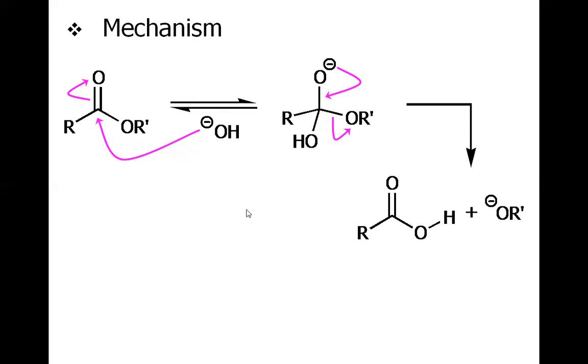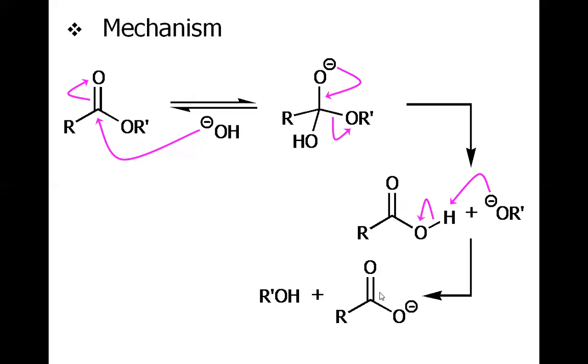But remember, this is a base catalyzed step. So the reaction will not stop here, but at the carboxylate salt level, because this alkoxide that has just been produced will abstract the proton from the carboxylic acid to have the alcohol and the carboxylate salt. So this is the product of the first step.